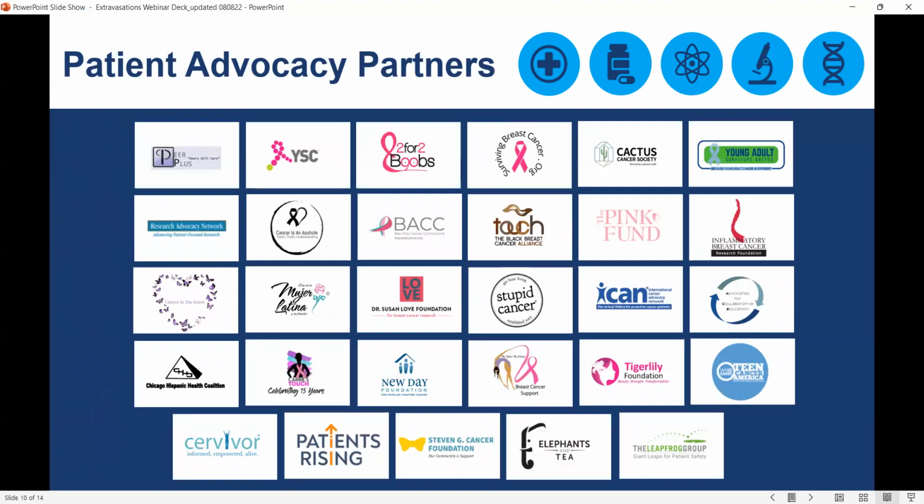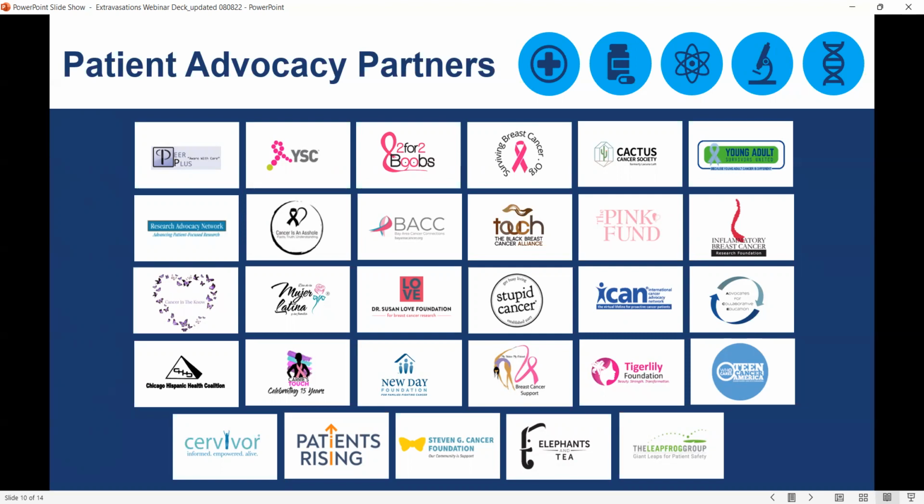Here's a list of some of our 29 patient advocacy partners. These are patient-facing organizations from across the country. As you can see, you'll probably recognize many of these groups. These are strong groups serving really a diverse range of cancer populations.